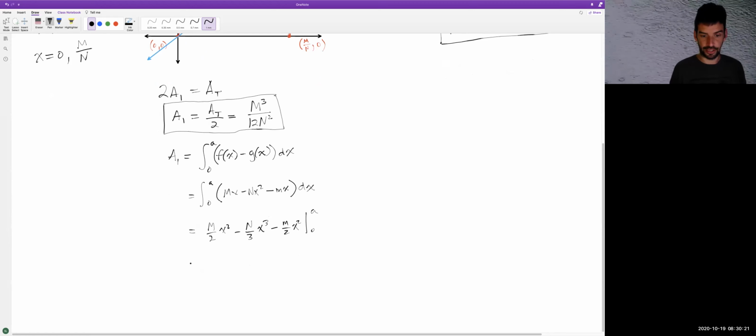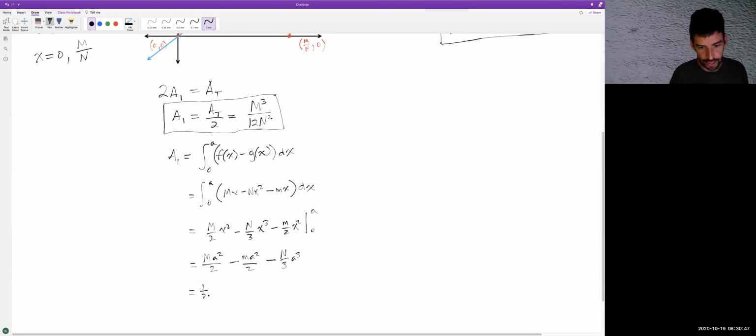We do some algebra. Again, the 0 terms are going to disappear. I don't need to worry about those. So I'm going to have big M a squared over 2. Notice I'm going to put both squared terms together, minus little m a squared over 2 minus n over 3 a cubed. I can simplify a little bit. I'll get 1/2 (big M minus little m) a squared minus n over 3 a cubed.